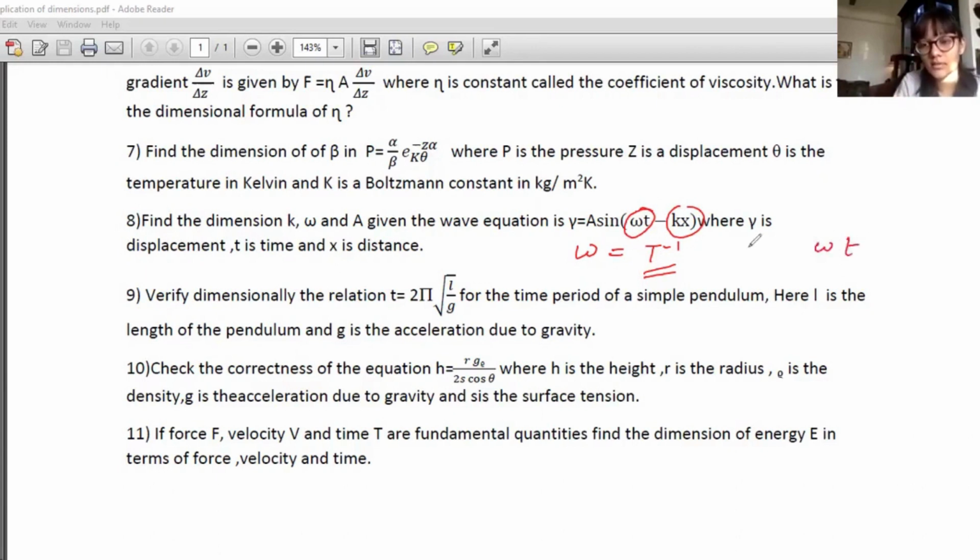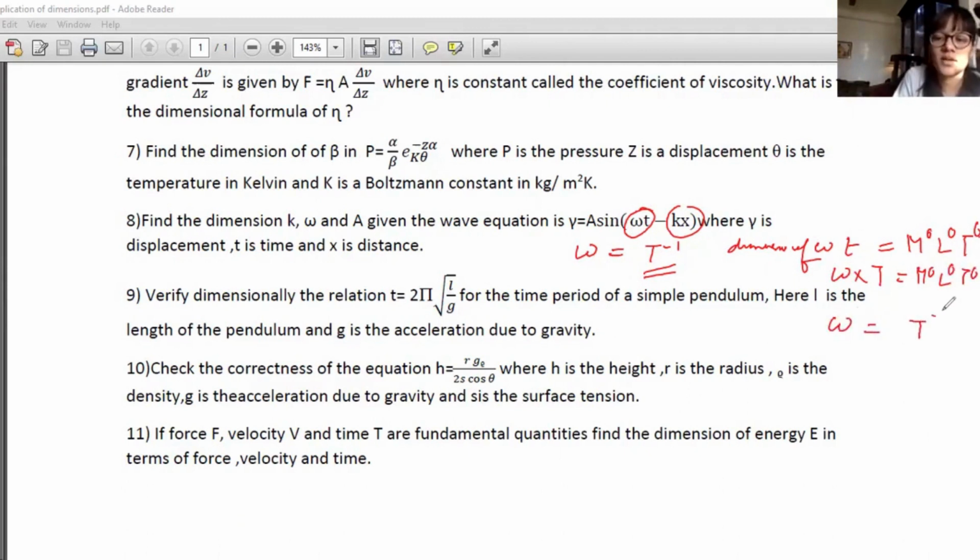So the dimension of omega t is M0 L0 T0. It is dimensionless, so now we can find the dimension of omega. Omega times t is M0 L0 T0, so omega is M0 L0 T to the power minus 1.